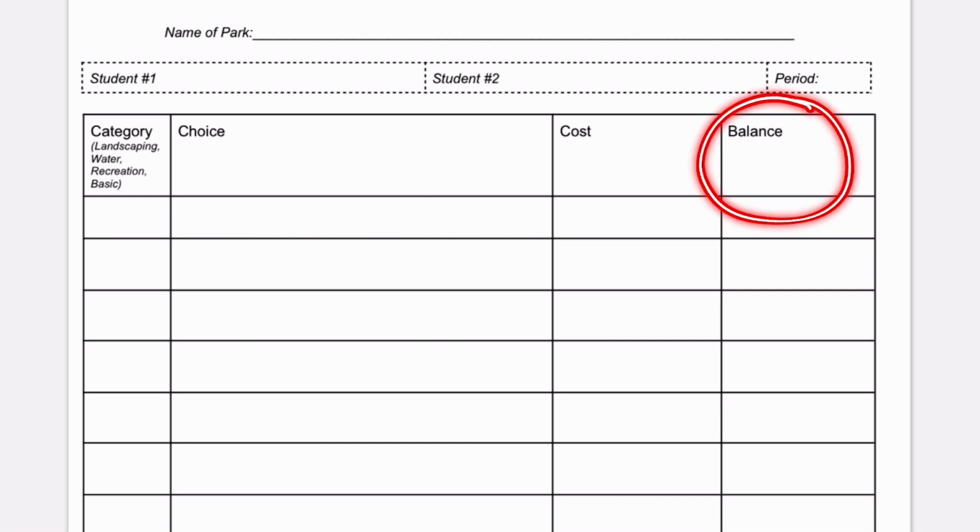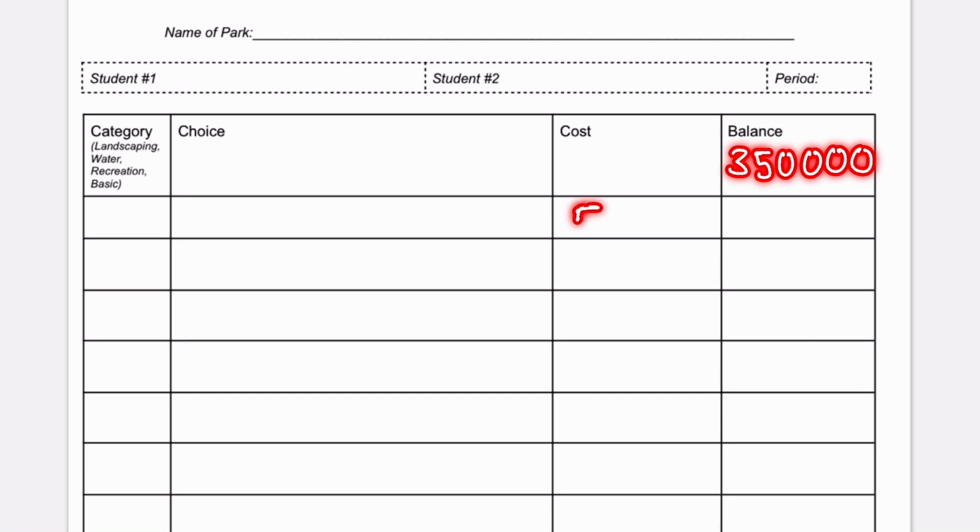And our balance here is in regards to our budget. So, again, our budget is $350,000. If I bought something that is $50,000, my balance is now $300,000. Okay? So our balance is in regards to our total budget.